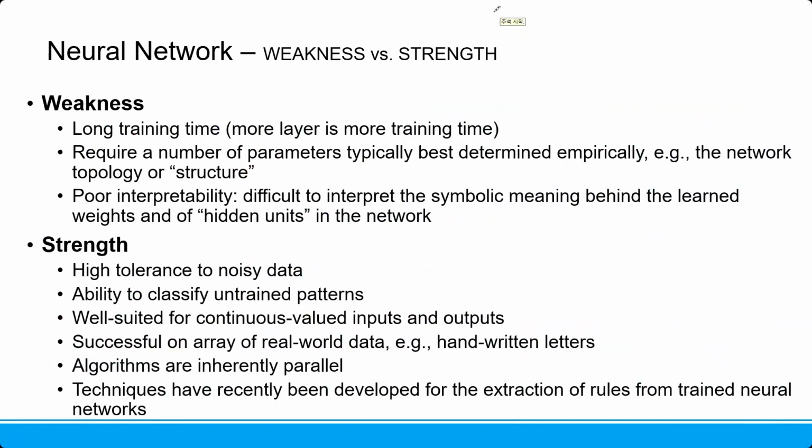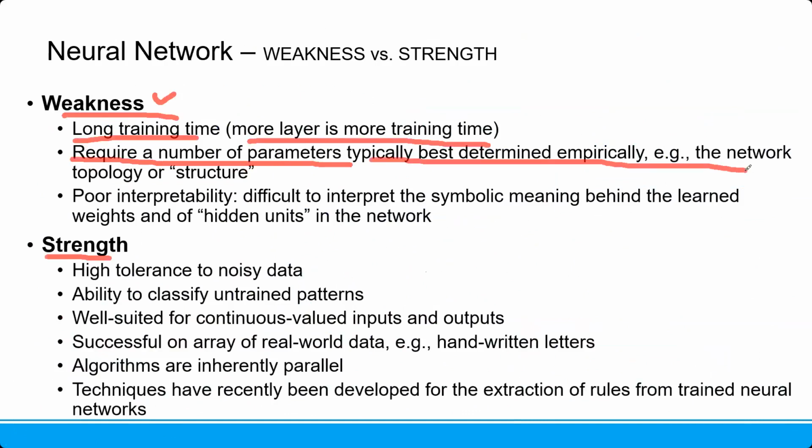So in the neural network, there are some weaknesses and also some strengths. The weakness is long: more layers mean more training time, and it requires a number of parameters. If you have this network, the parameters will be very important to make a good structure.